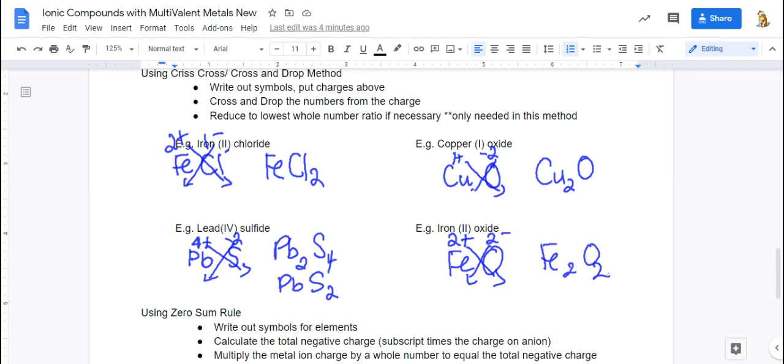You can reduce that. You can divide both subscripts by 2. So it's FeO. So when you have the exact same charges, positive and negative, you reduce it just to the element symbols. All the numbers cancel. But that's only if they have the exact same number.